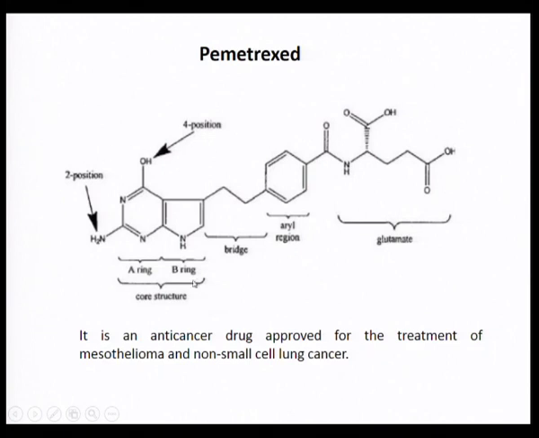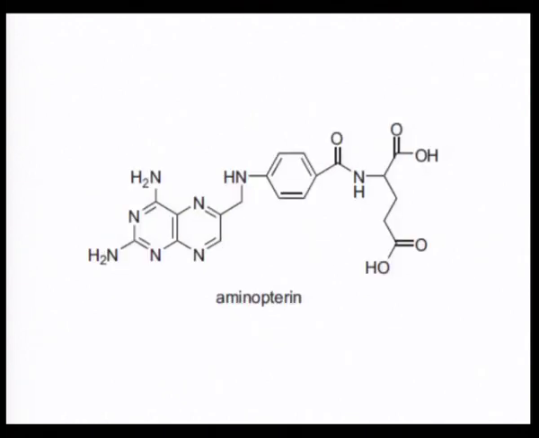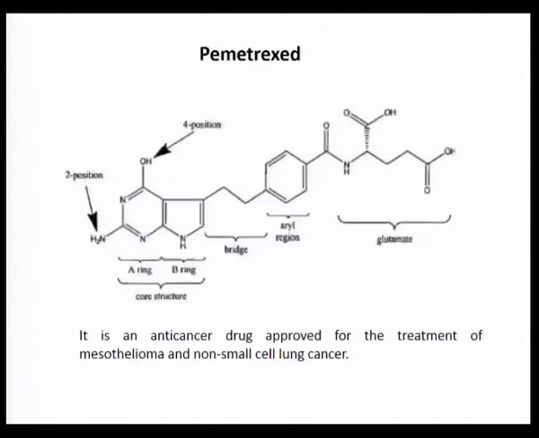So, this heterocyclic ring resembles the folic acid, as you see over there, resembles the pteridine link, but actually it is not a pteridine link. That way this compound will inhibit the essential enzymes involved in folic acid activation.